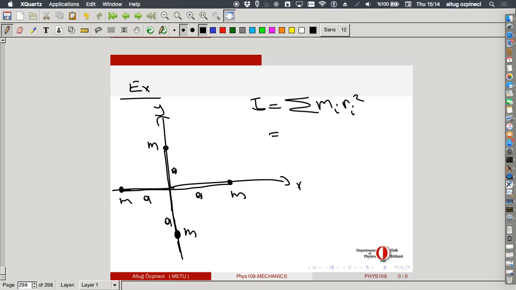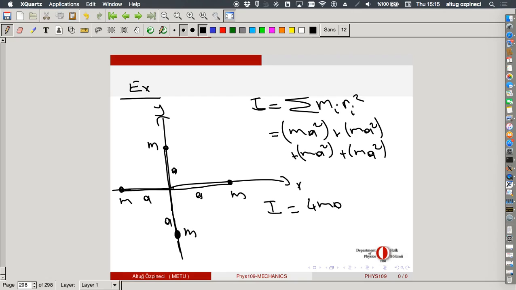You are just summing over all the masses making up your system. In this case, we have four of them: 1, 2, 3, 4. We start from the first one, that is m times a squared. For this one it is the same distance, m times a squared, plus m times a squared, but all of them contribute equally. So I is equal to 4 m a squared.